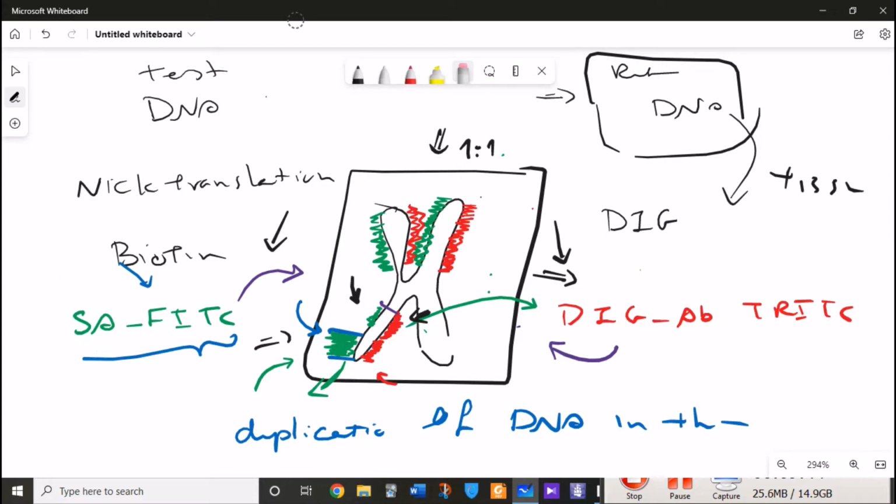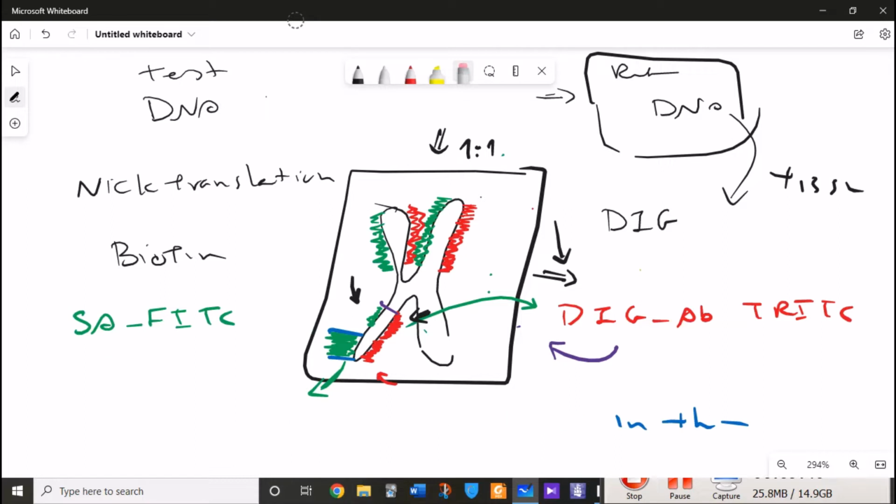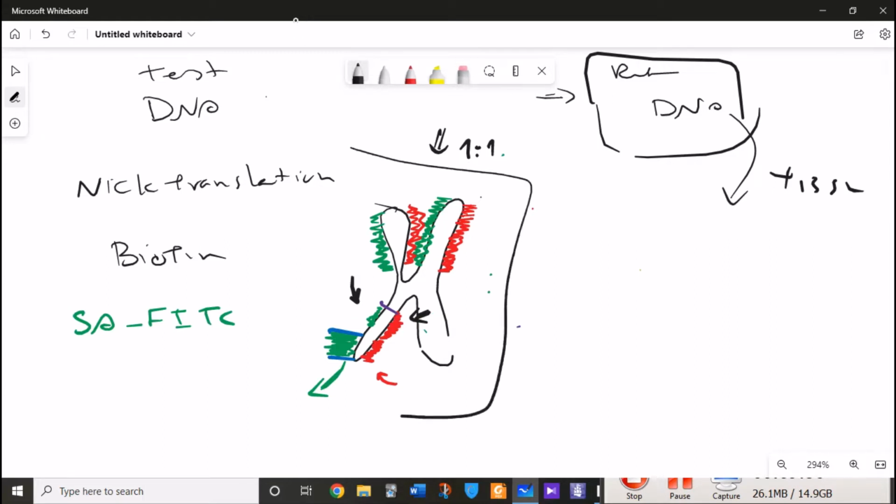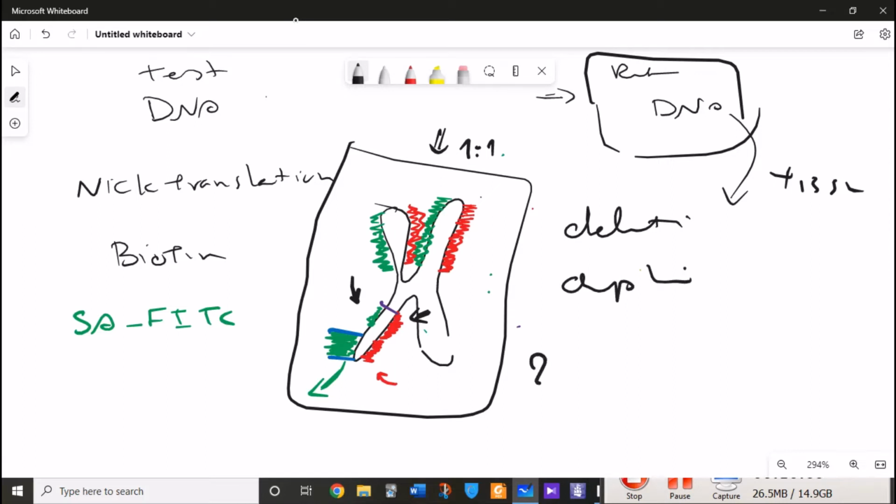sample. So by this method, without preparing any kind of metaphase spread from tumor tissue, we can detect any kind of deletion and duplication at 20 megabase resolution.